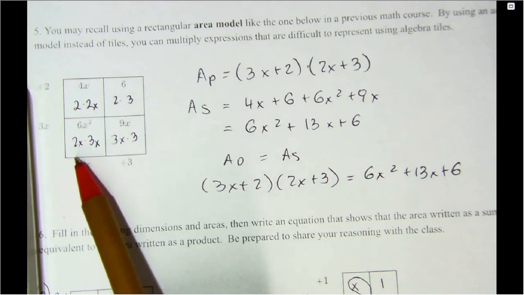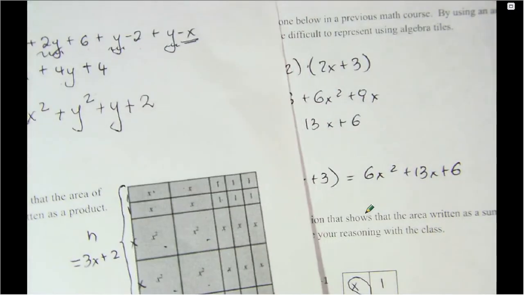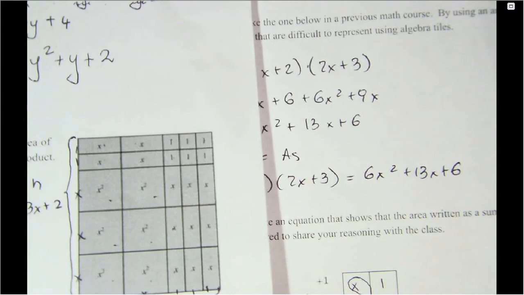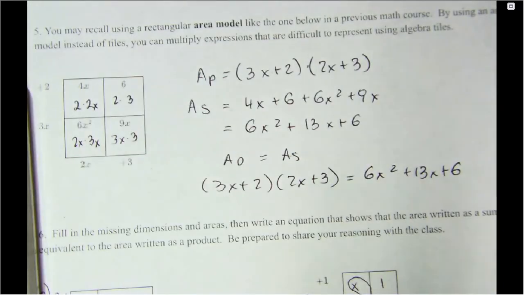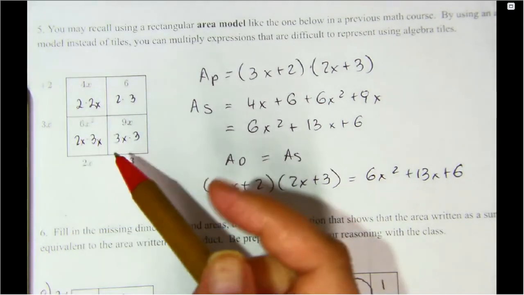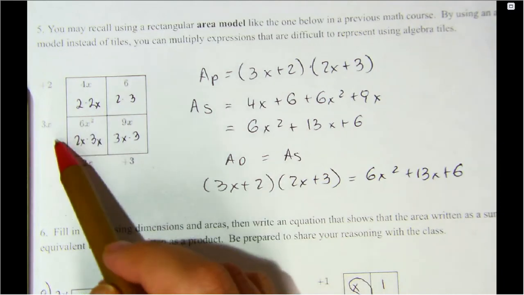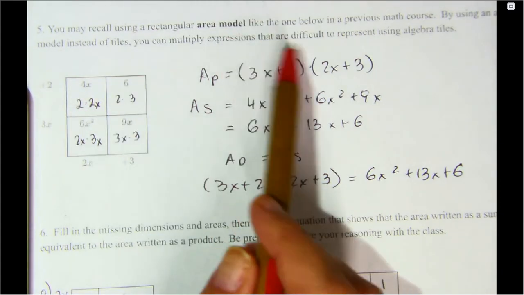Instead of putting two x's here, like in this one there was 2x, they just put 2x. And then instead of putting 3 ones, they just put 3. So it's really the same thing. It's just writing it simply so we don't take so much space drawing it and trying to rewrite it. Base and height. Base times height.